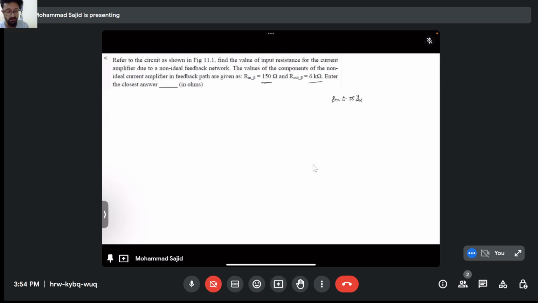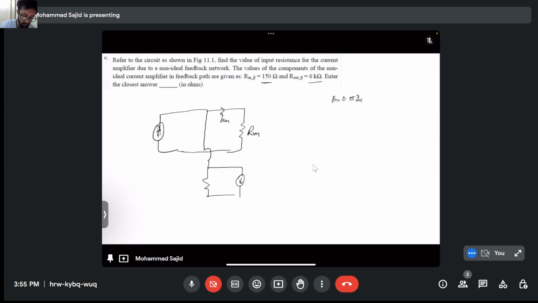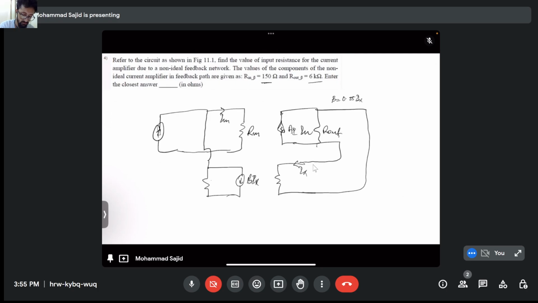Also, gain will also change because now you have the 6K, R in is 151, this is 6K.